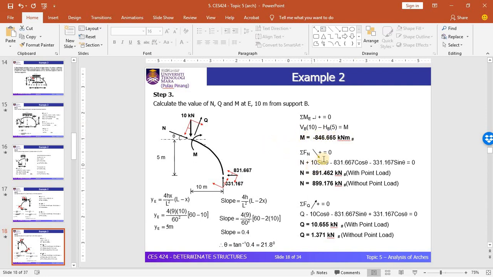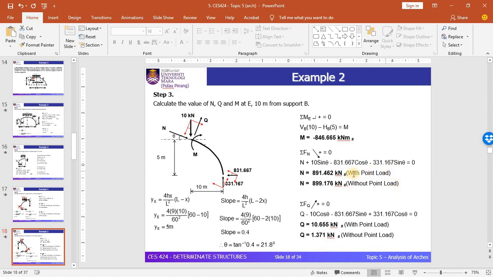For the axial force, this is a positive direction. In this direction we have N. We have a component of 10 kilonewton in this direction, which gives sine theta. For the horizontal direction we have cos theta, and sine theta for the vertical direction component. You need to consider two cases, with point load and without point load.